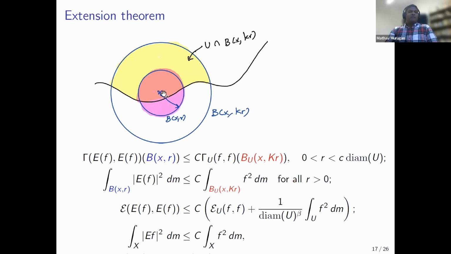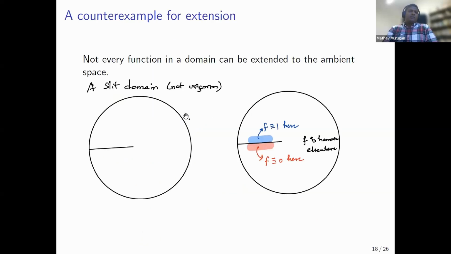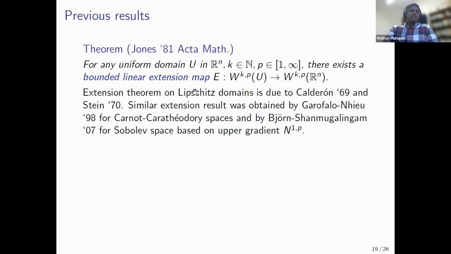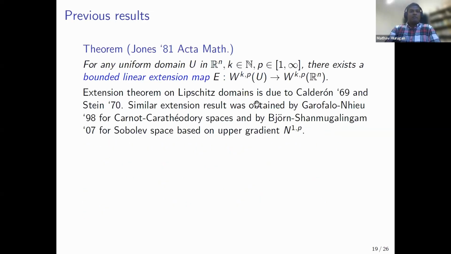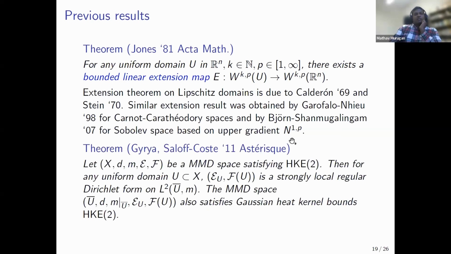So we want boundedness not just for the global energies and the global L^2 norms, but also L^2 norms and energies on balls as well. In fact, the proof is not too different from what Jones did in the 80s. The main idea is to use some kind of covering argument called Whitney covers. And in fact, a similar extension theorem for Lipschitz domains was even known earlier due to Calderón and Stein in the late 60s.